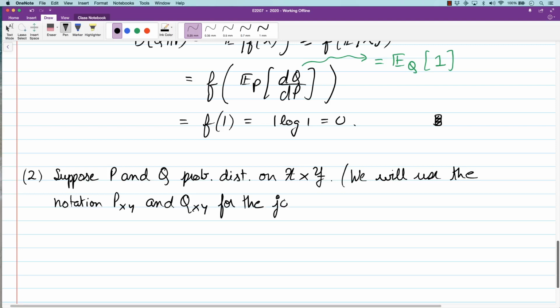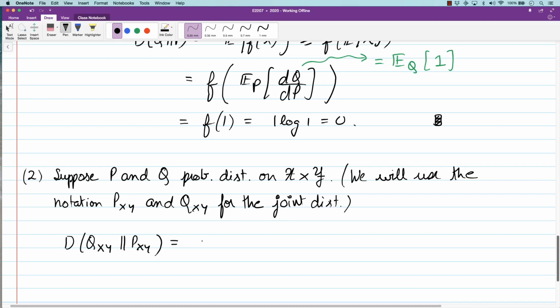So we will imagine random variables X and Y, and P and Q are distributions for this X and Y. Then we can relate Q_XY to P_XY.